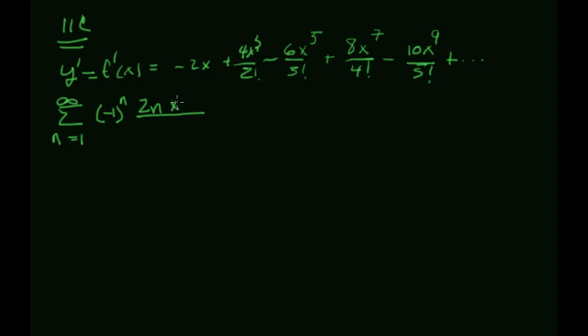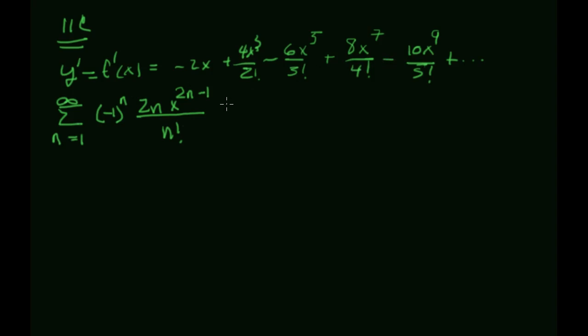And then I have x to the 2n minus 1. And this is going to be over n factorial, because the first term is 1 factorial, 2 factorial, 3, 4. Take a minute and try to convince yourself that this is going to yield that series.